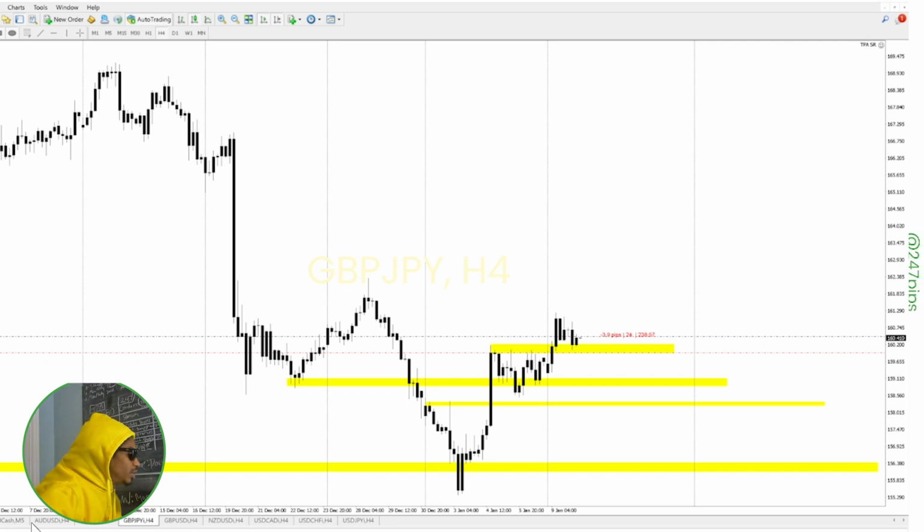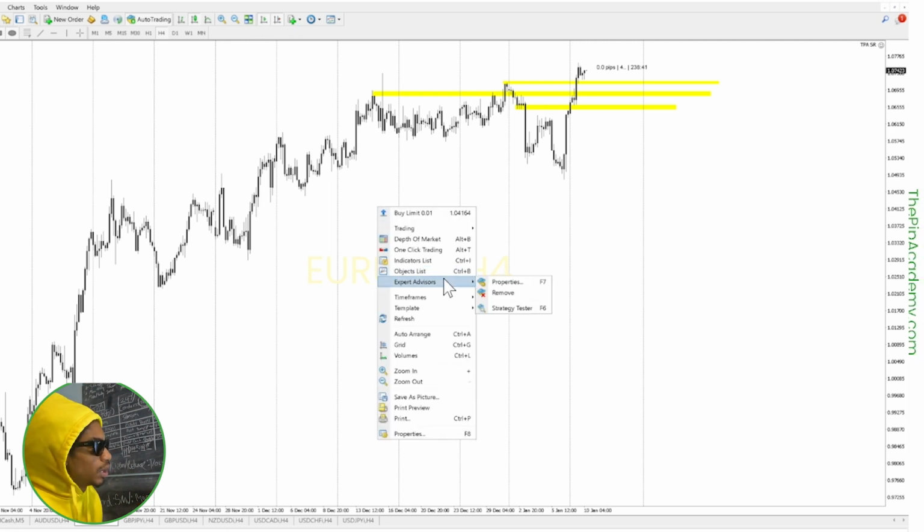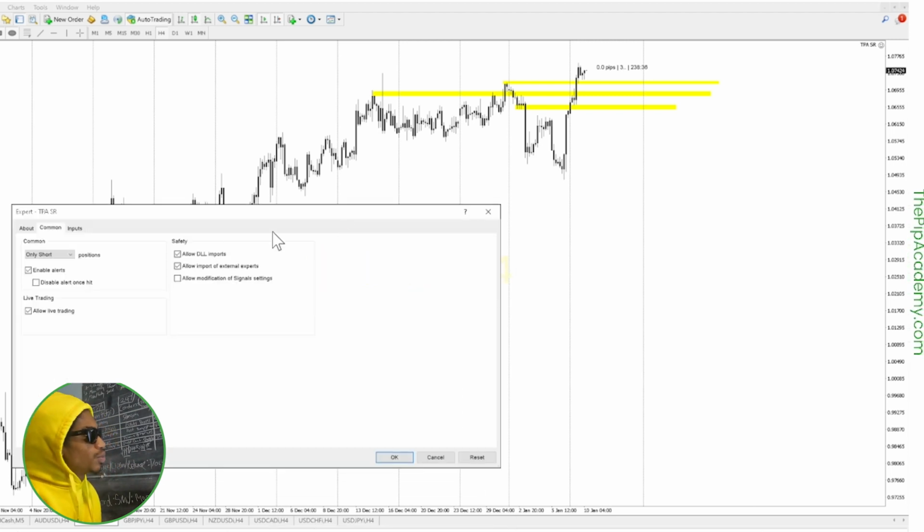What else do we got going on here? So this one we never ended up taking a trade on. It was bearish last week, right? Given that we started down there from a bearish week. Now I've switched the EA over to just taking, oh, look at that, it's still long.